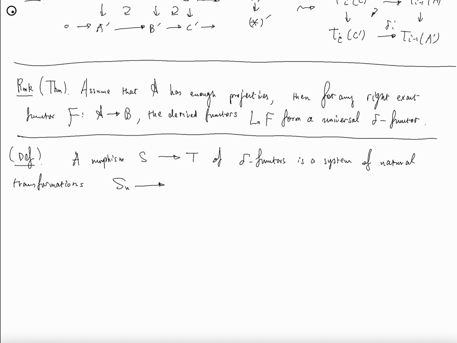So recall a delta functor consists of a collection of additive functors, and the morphism of it is defined to be a collection of natural transformations for each fixed n.